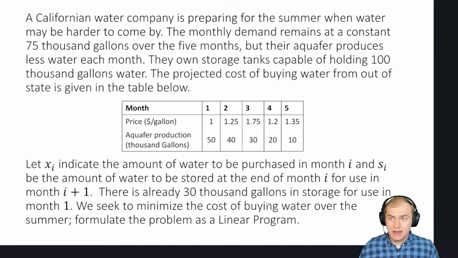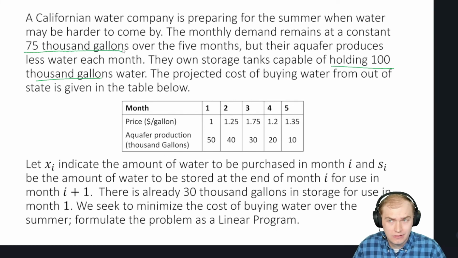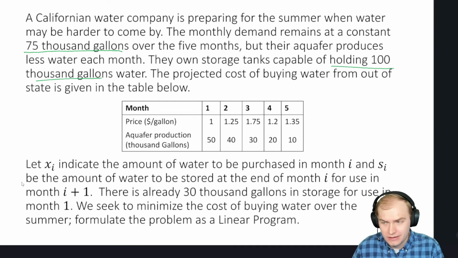They have storage tanks on site that are capable of holding 100,000 gallons of water. Their monthly demand remains constant at 75,000 gallons, but their aquifer is producing less and less each month. We're going to let xi indicate the amount of water that can be purchased in month i.